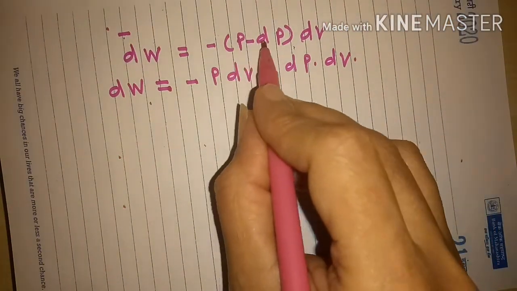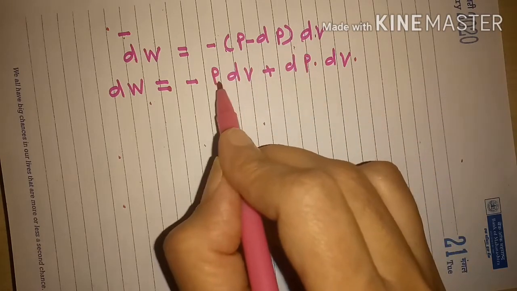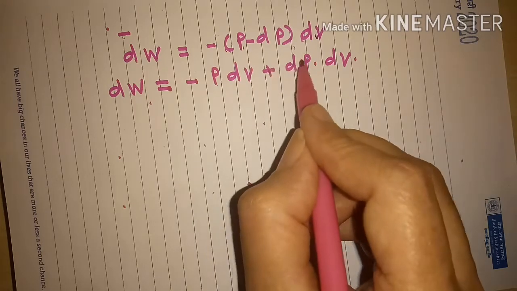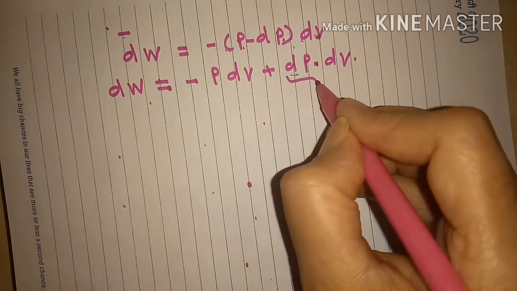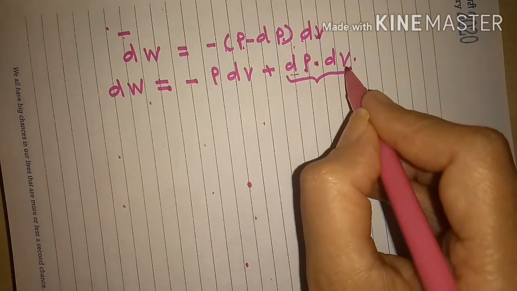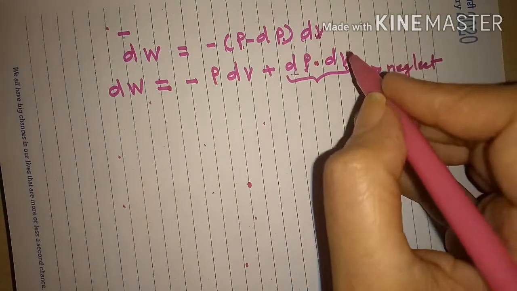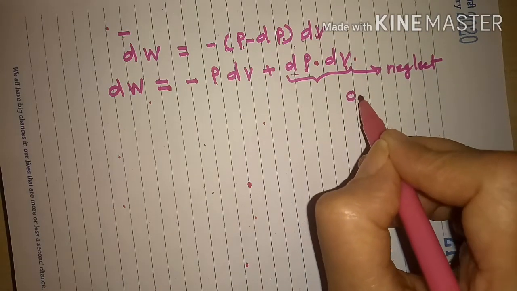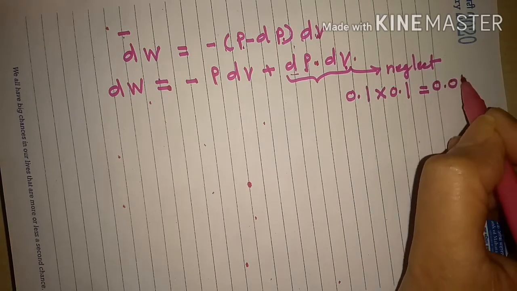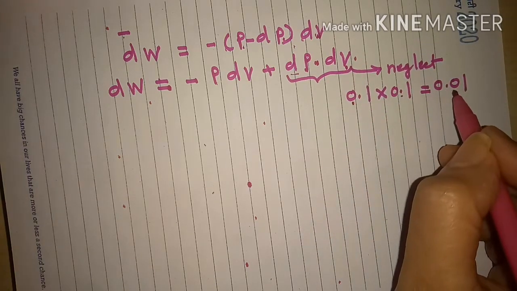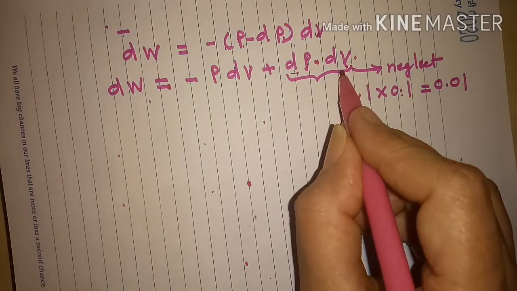This dV is to be multiplied by this bracket, so minus P into dV plus dP into dV. Here these are small changes in pressure and volume, so you can neglect this term, because if you multiply a very small value by another very small value, you get an even smaller value. Like 0.1 into 0.1 gives 0.01. So you can naturally neglect dP into dV.